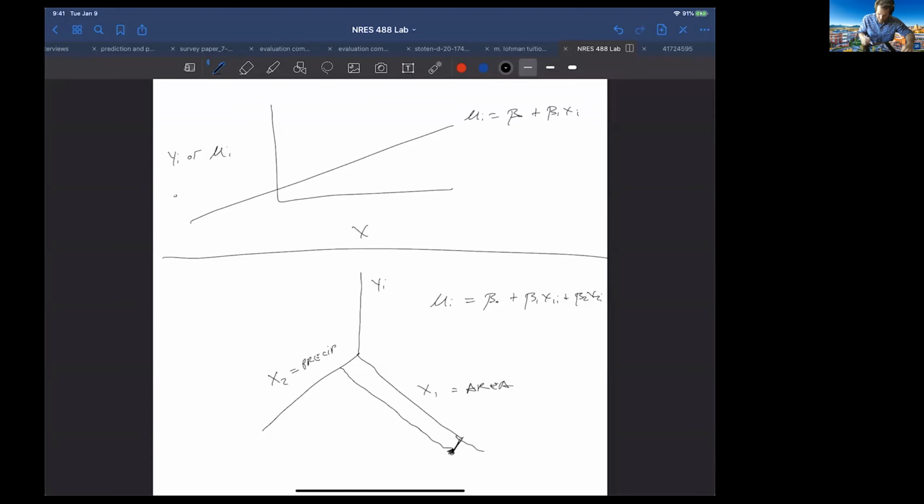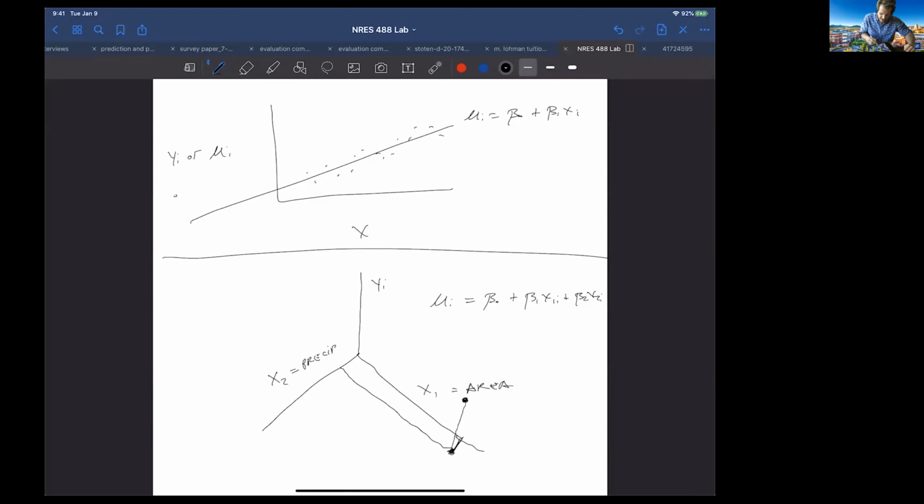And the number of birds is going to be a point that's kind of floating in space here. So we're going to have a three-dimensional cloud of points, not just a one-dimensional set of points like we had with simple linear regression.